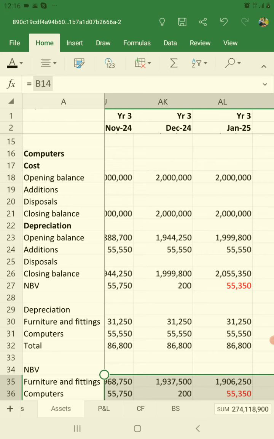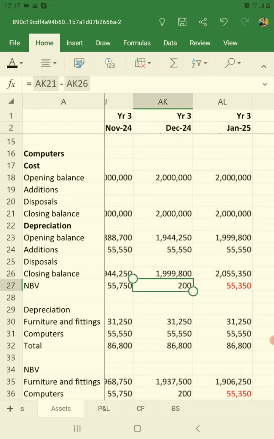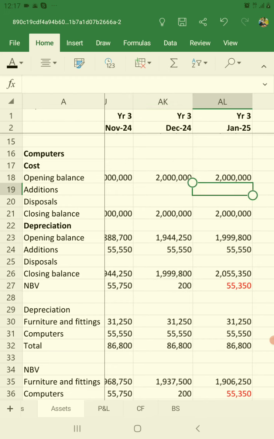So you can see net book value on December 24th is just 200 here. So when the net book value starts to be negative in January here, we need to do our disposal. So the disposal here, we are going to dispose the old figure, the old computer.